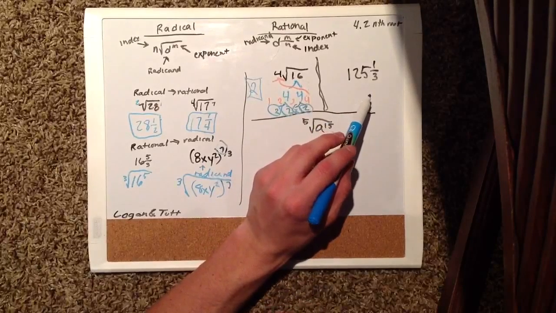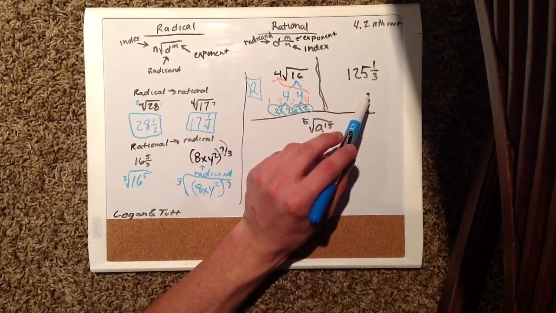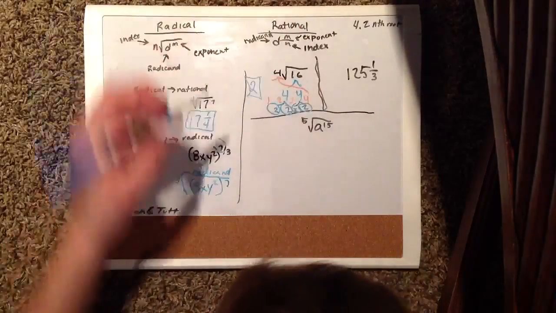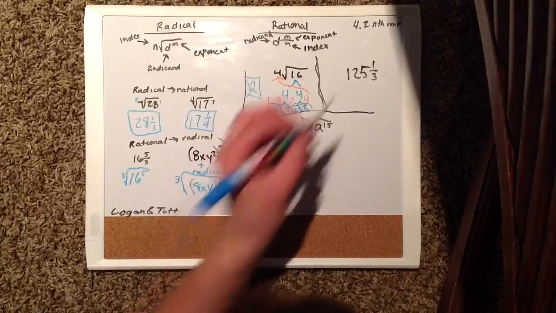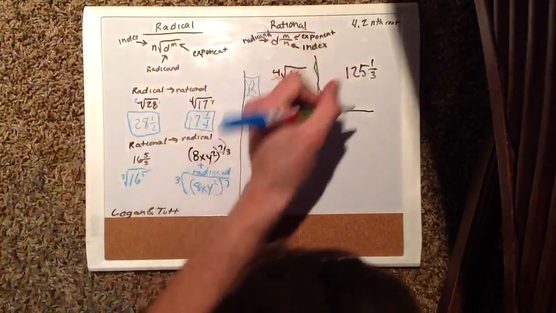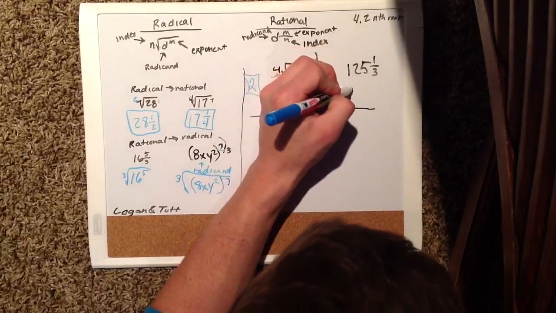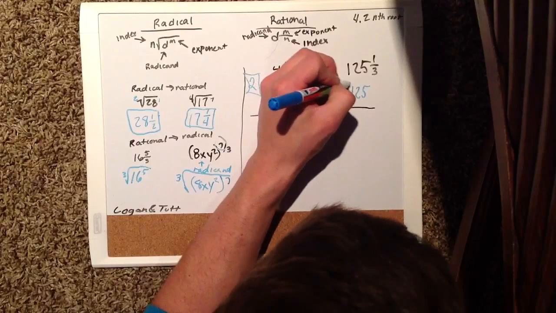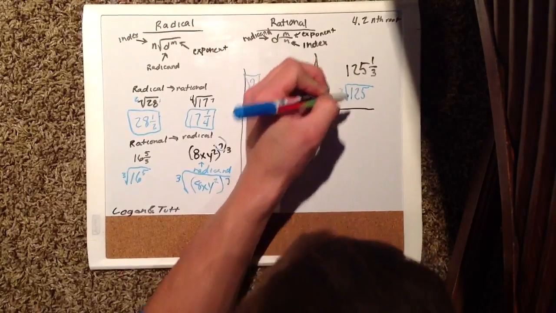And in this one, you're going to take 125. So first of all, you're going to switch it back into radical form, which is going to be 125, because that's your radicand. Your exponent is 1, so you just leave that. And then your index is going to be 3.